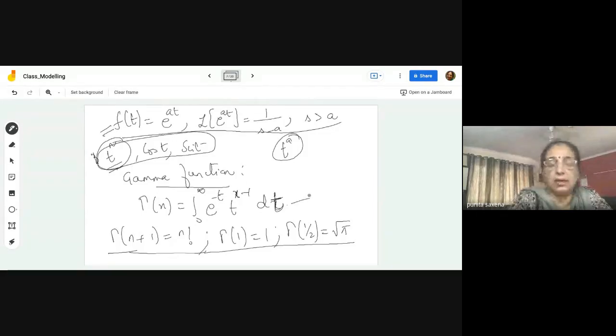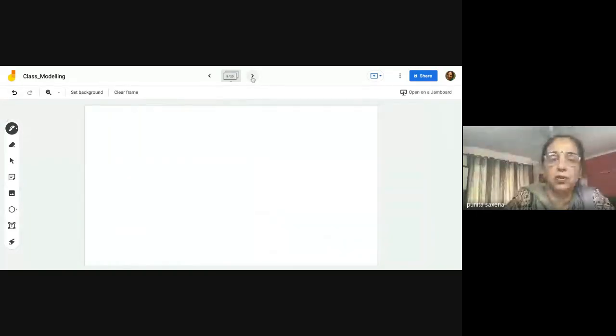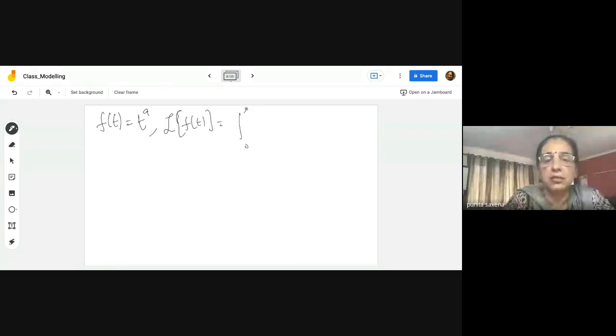So let us find the Laplace transform. Let your f(t) be t to the power a. So what happens to your Laplace transform? This becomes integral 0 to infinity e to the power minus st, t to the power a dt.